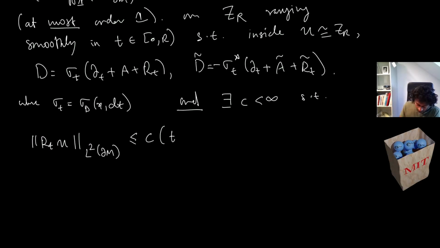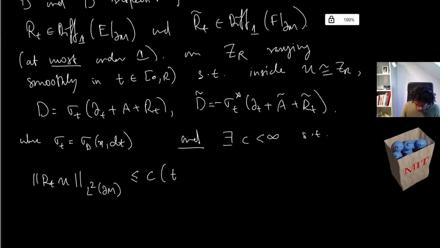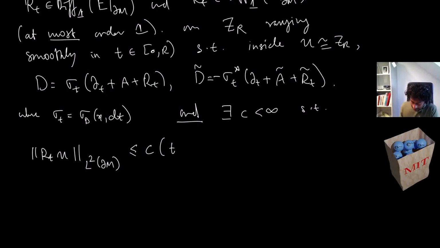Remember, when we wrote the expression for D before, we had this symbol term out the front, right? So these are operators purely on the bundle E, but D is an operator that maps from E to F. So the sigma_T is the part that takes care of that. Anyway, we have R_T of u being controlled in the following way.